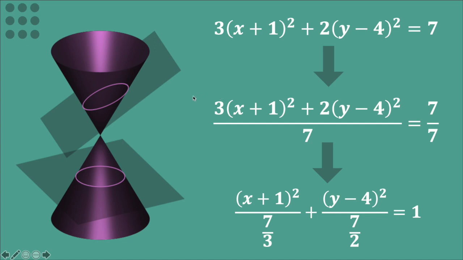As you can see in the second equation, the terms x plus 1 quantity squared and y minus 4 quantity squared have numerical coefficients that are not yet equal to 1. To fix that, we bring them down to the denominator of the fraction, which results in 7 over 3 and 7 over 2 respectively. Now you can see that the original equation actually describes an ellipse.